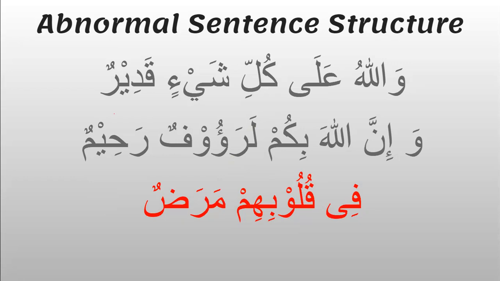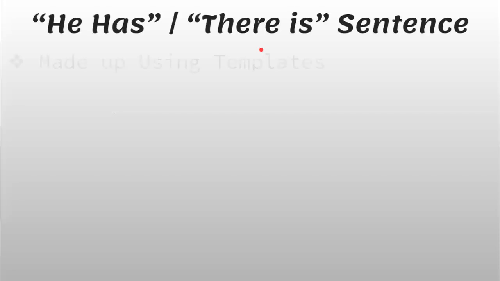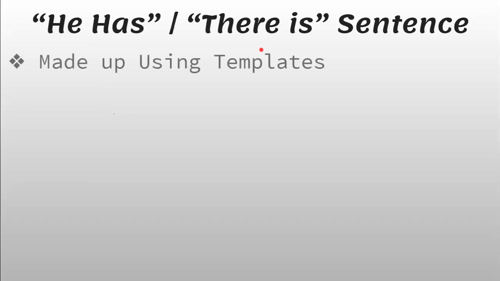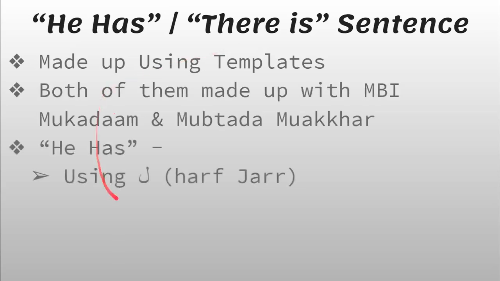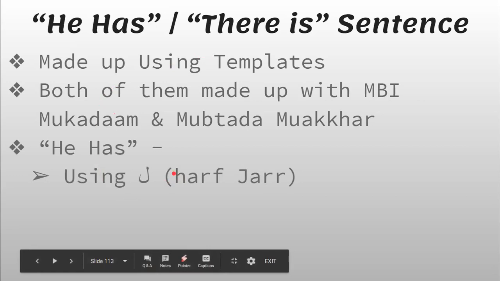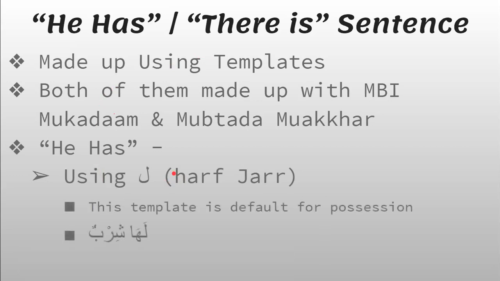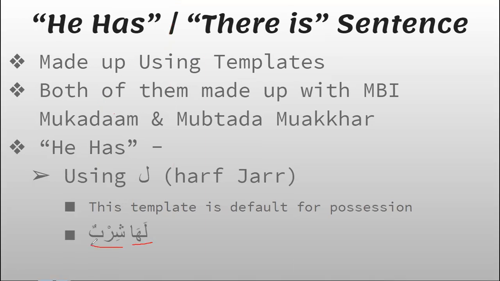So let's see what is left. This is not so important, just to put it in your perspective. I told you in our last class probably about he has and there is. Whenever lam as harf jar, as muta'alliq bil khabar, comes first, like in this sentence, laha shirbun, lam comes first as muta'alliq bil khabar muqaddam.